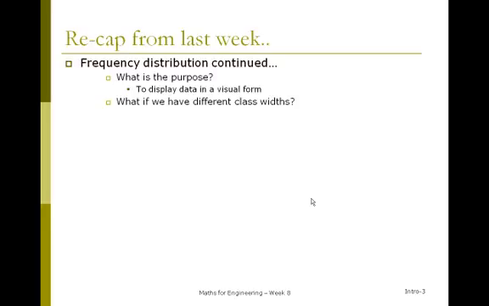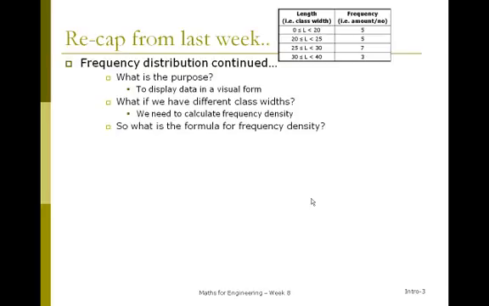So what if we have different class widths? What do we do? If that's the case, we need to calculate the frequency density. For the table above, we have the length, which is the class width, and we have the frequency, for example the amount for each of the class widths.